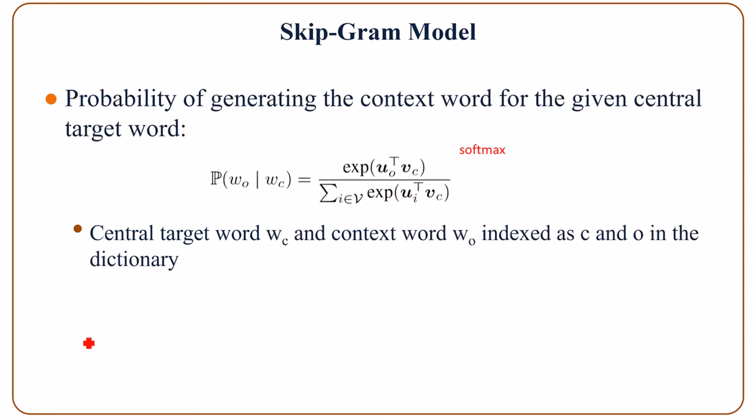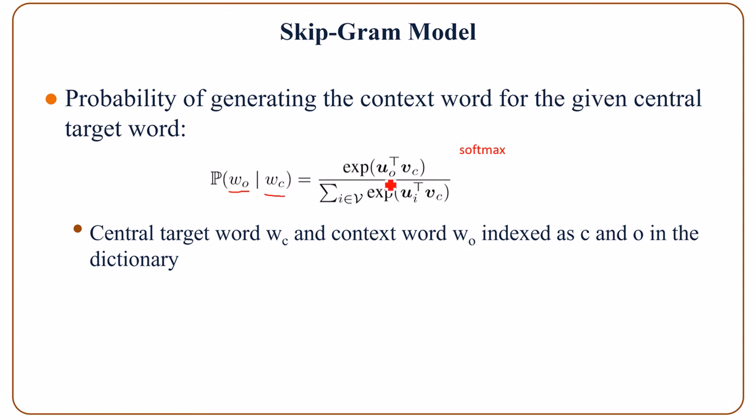Now the conditional probability for generating the context word. Here we use the letter W with the subscript O to indicate the context word, and WC to indicate the central target word.